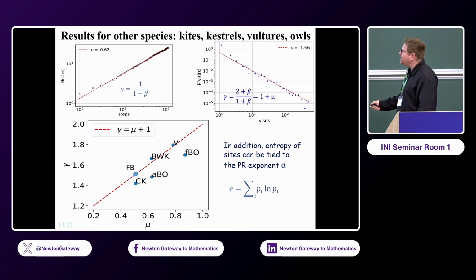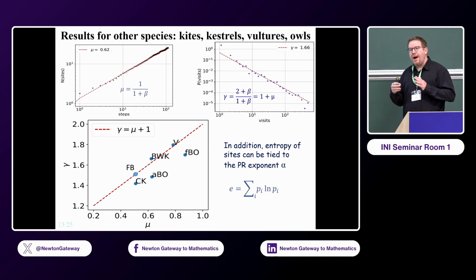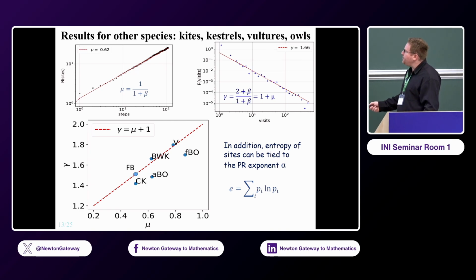So there are other interesting things that can be computed. For example, the site entropy, where you calculate this quantity here, and the entropy is minimized when the individual visits only one tree, and maximized when all trees are equally visited.